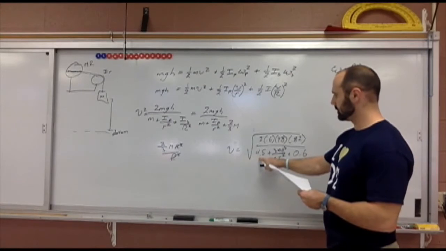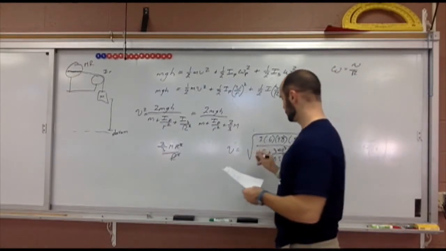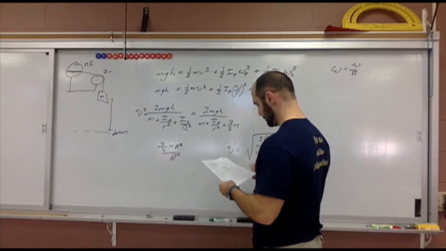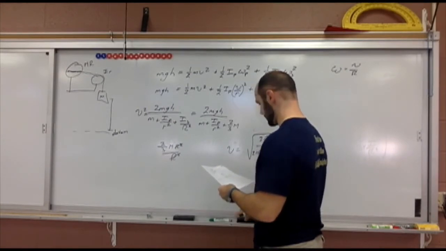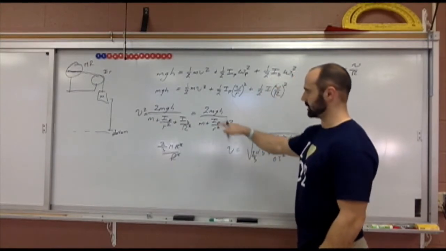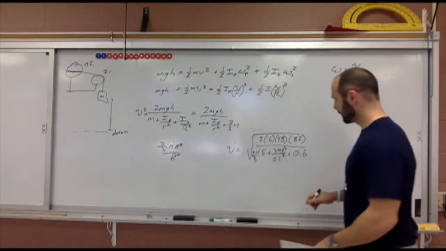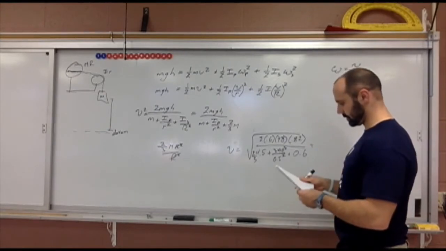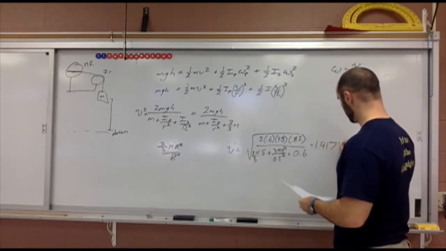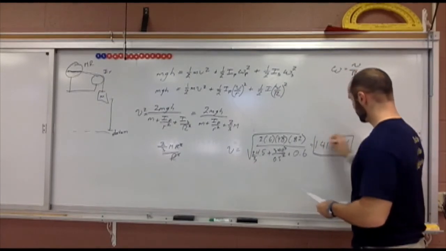So this is the mass of this guy. So that's 2/3. That's the mass of the sphere. And when you do that, you should get 1.417 meters per second.